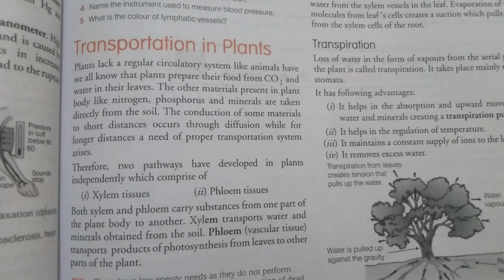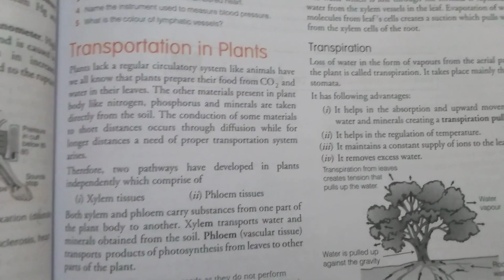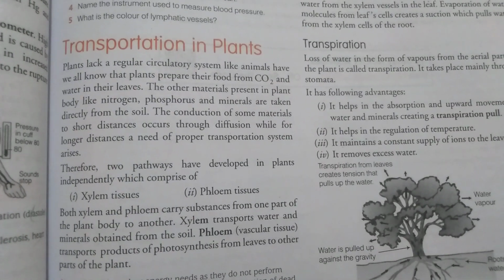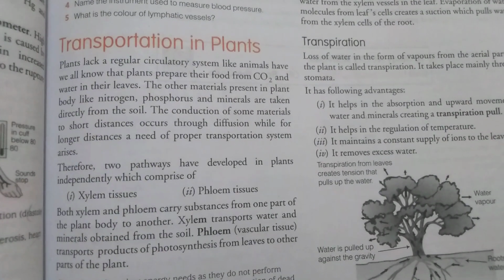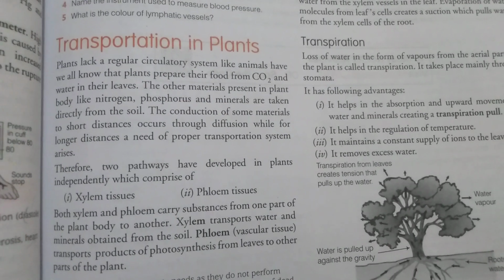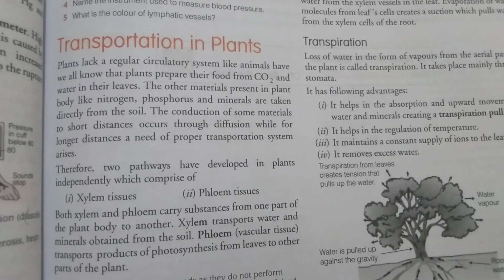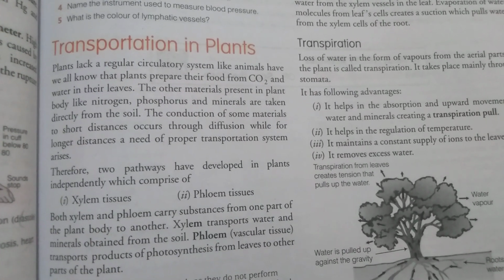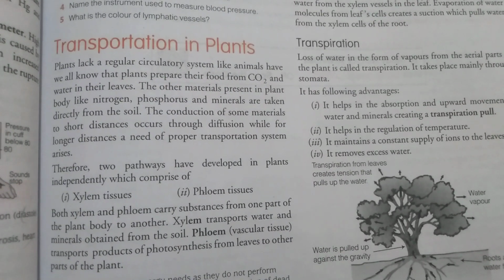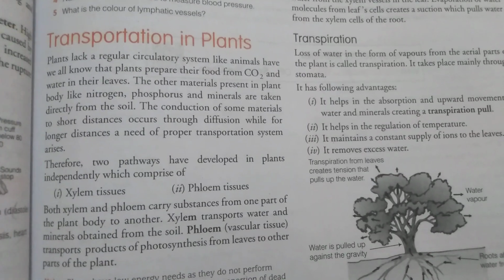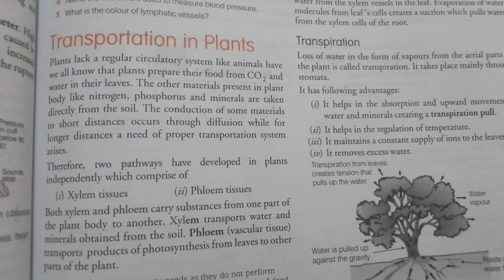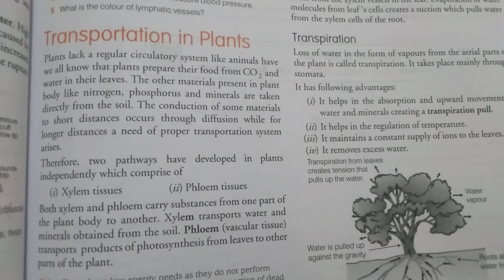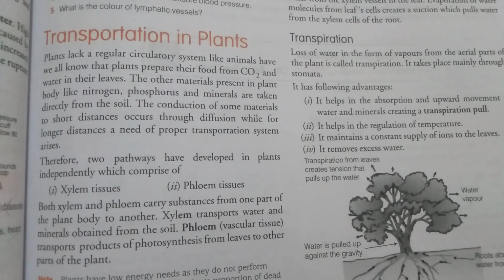But if the distances become large, if the plant is very tall, and if it is a short plant, then the diffusion process will be conducted. But if the distance is too large and the plants are bigger in size, then the rate of diffusion alone doesn't fulfill the requirement of water and minerals inside the plant, because energy needs differ between different body designs.